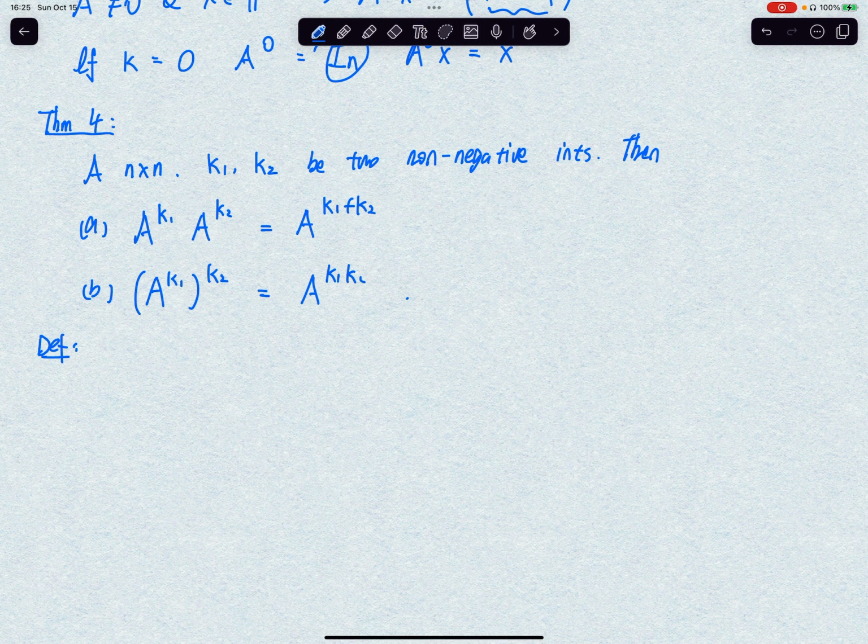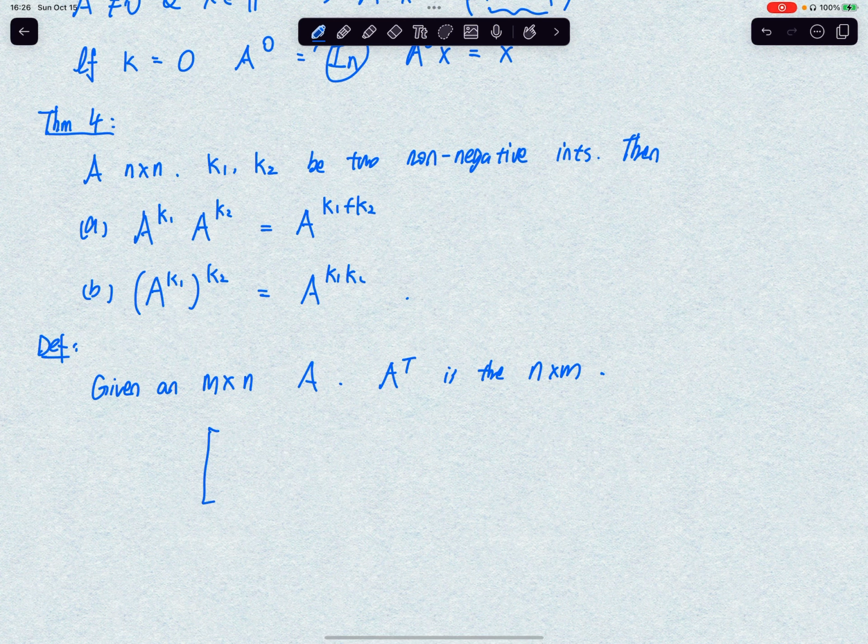So given an m by n matrix A, the transpose, denoted by A^T, is the n by m matrix, and the formation of the transpose of A follows from the one we talked about in the determinant.